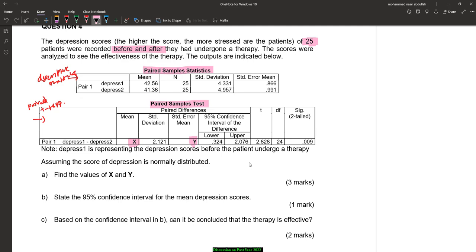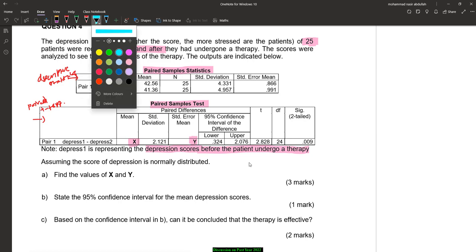So note that depression 1 represents the depression score before the patient undergoes therapy. Depression 2 is after they undergo the therapy, right? The higher score of depression means the severity of the depression condition. So we can see that from the mean in these statistics, we look here.